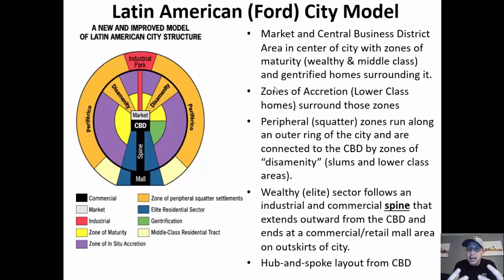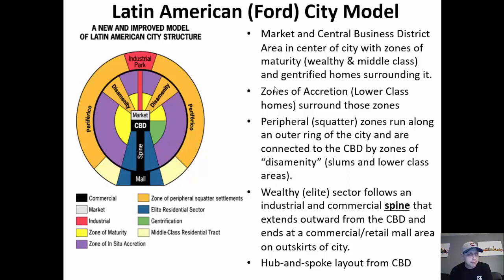So you'll have your traditional CBD. At the same time, you will have this open market area in a lot of cities in Latin America as well. And then it really starts to get interesting. Right around the CBD and this market area is essentially a ring or a circle that's called the zone of maturity. That's where wealthy and middle class folks tend to cluster. So again, very different than American cities.